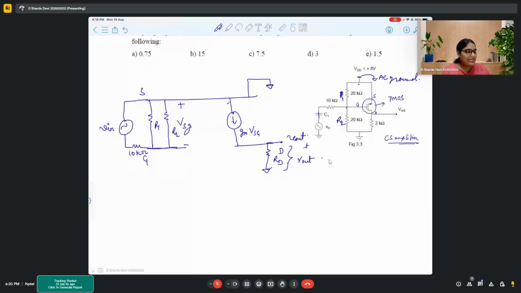So we can clearly see that V out is whatever is the current flowing through RD, IRD into RD, correct? Now, from this diagram itself, it is clearly visible that this IRD is actually this GM-VSG, correct?